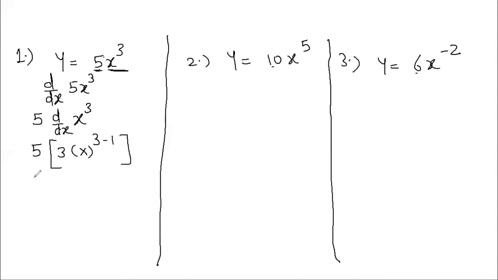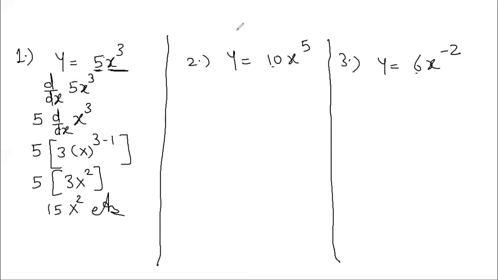So can I write 5 in bracket 3x, and 3 take away 1 is 2. Now this is 5 and this is 3, there is no sign between them. Can you make it multiply? That is a multiply sign obviously. So 5 times 3 is 15 and x squared. So that is the answer of this question, right?